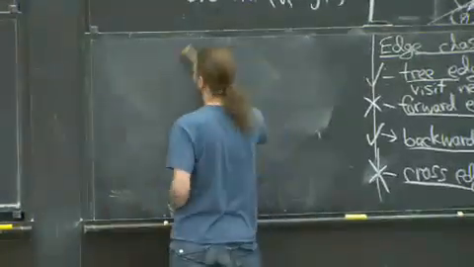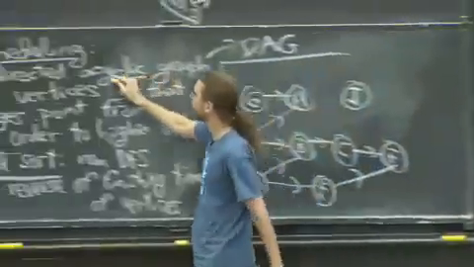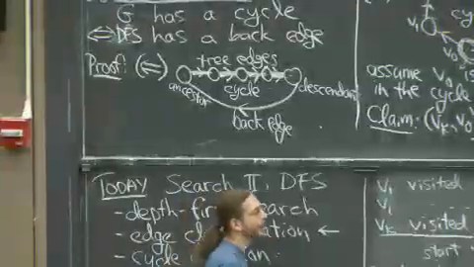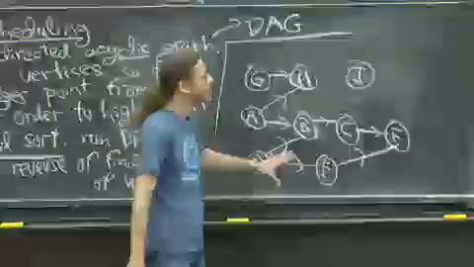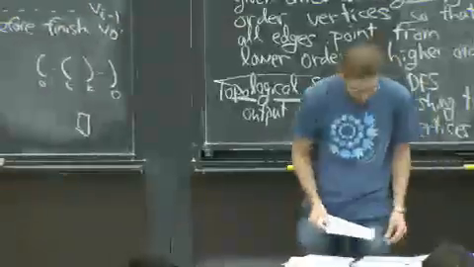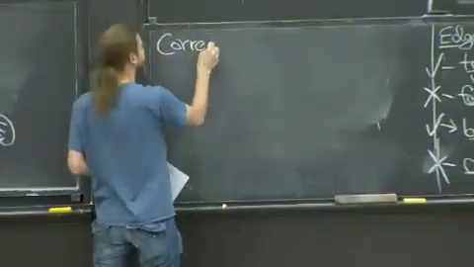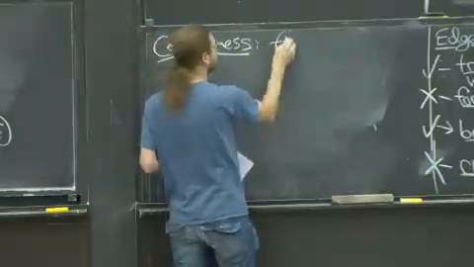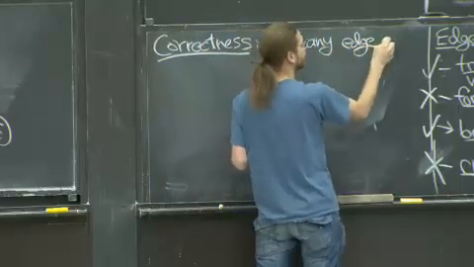We've actually done pretty much the hard work, which is to say, we're assuming our graph has no cycles. So that tells us by this cycle detection that there are no back edges. Back edges are kind of the annoying part. Now they don't exist here. So all the edges are tree edges, forward edges, and cross edges. We use that to prove the theorem. So we want to prove that all the edges point from an earlier number to a later number.